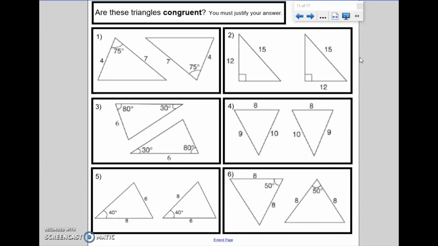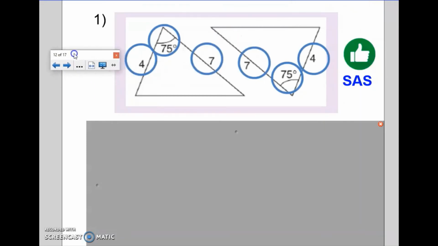Okay, welcome back. I'm going to talk through each of the 6 questions individually. Question 1, I would say yes, we do have congruency here, because even though we are dealing with a different orientation of the shape, we have side, angle, side in that order.